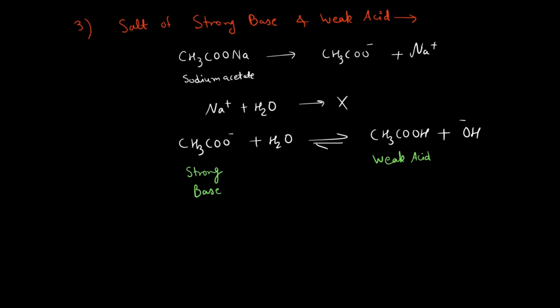And as we know that the equilibrium lies towards the weaker conjugate, so equilibrium will be towards the right hand side, and therefore we will have more concentration of the OH negative ion, and as a result our solution will be basic. pH will be greater than 7, a basic solution. So if we dissolve a salt of strong base and weak acid in water, we will get a basic solution.